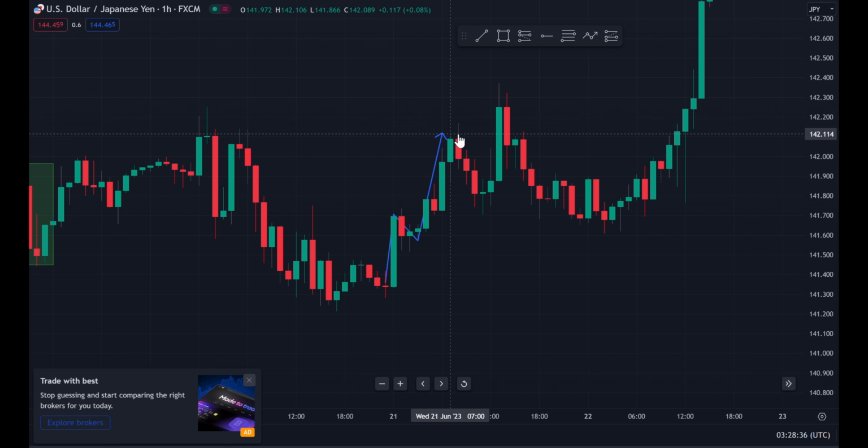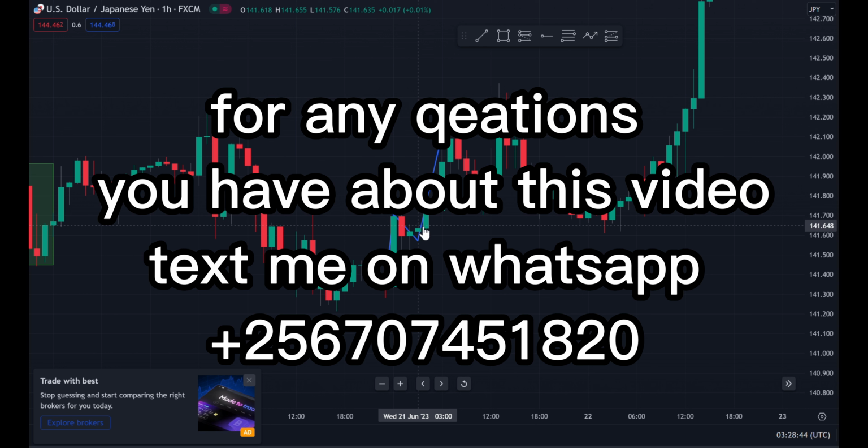When you see a rally base rally, that will indicate that the market has made a movement up and it has made a retracement, and we shall expect another movement, which is the second rally.